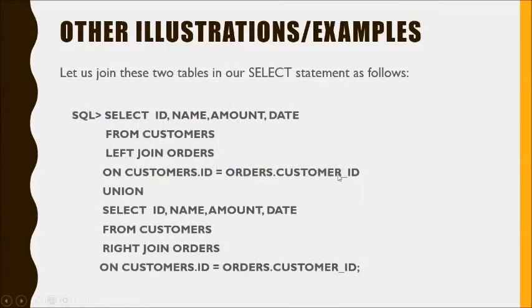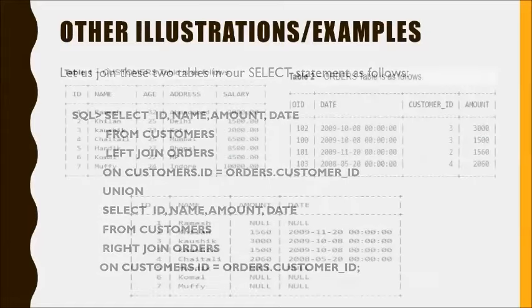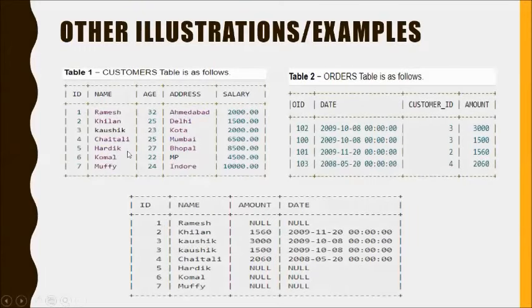So if we're going to join these two tables using our select statement, we will come up with the following output. We have 4 columns for our output, which consist of ID, name, amount, and date.